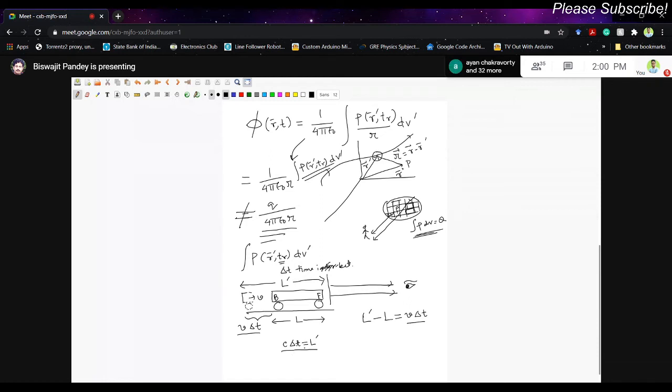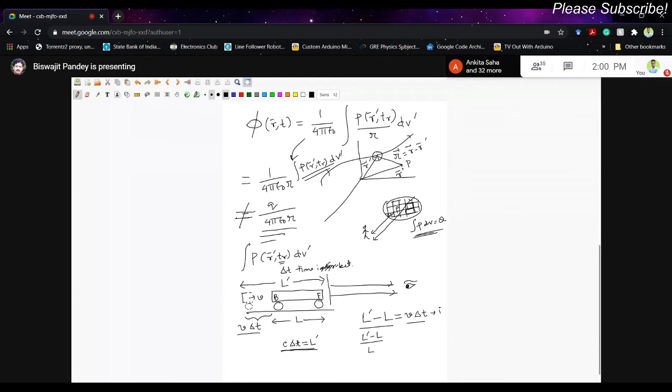And L prime is the distance traveled by the light signal over time delta t, right? So you can remember, this is the distance traveled by the train, and this is the distance traveled by the light, actually, L prime. And simply if you divide this, you can see L prime minus L, if I divide by L prime, so this is one equation.